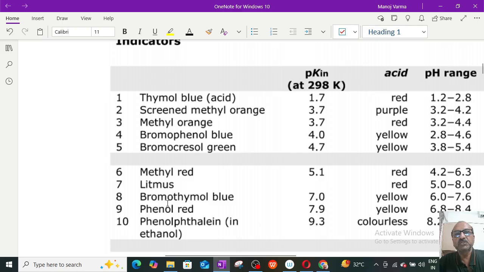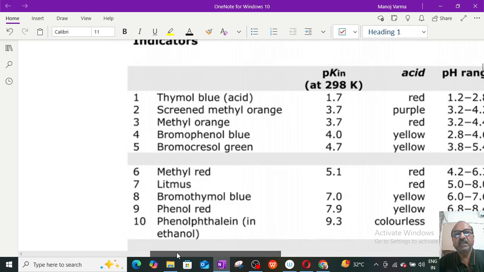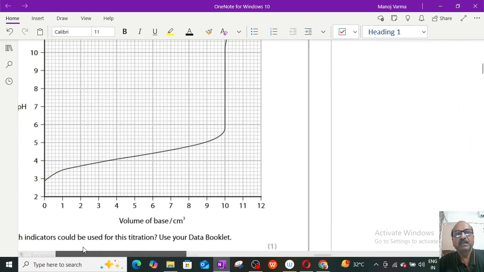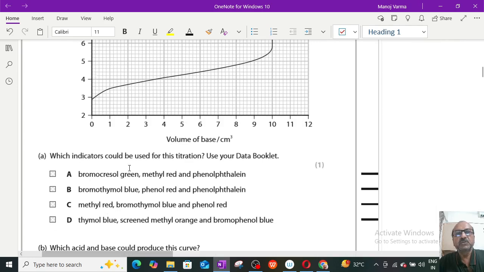It corresponds to bromothymol blue, phenol red, and phenolphthalein, which has been dissolved in ethanol. So that is really insignificant. Therefore, these are the three options: bromothymol blue, phenol red, and phenolphthalein. So let's see where we have that option. B is the correct option: bromothymol blue, phenol red, and phenolphthalein.